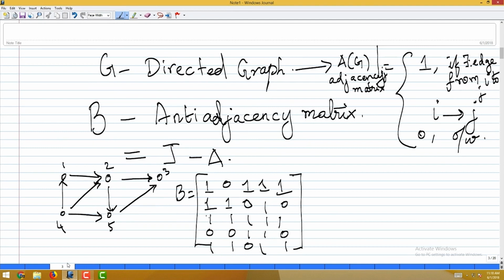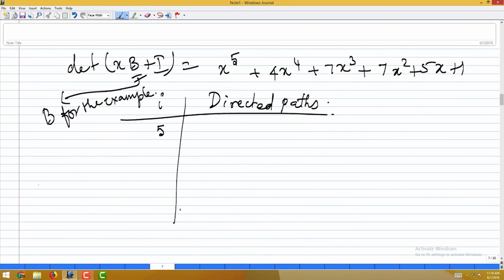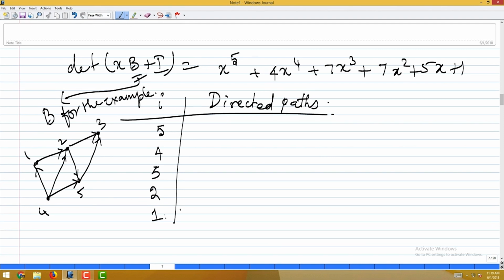I think I have to copy this over here, or I will redraw it, it is not a problem. We are talking about this graph with directions: 1 to 2, 4 to 1, 4 to 5. So, now can you give me directed paths that will fit into all these categories?